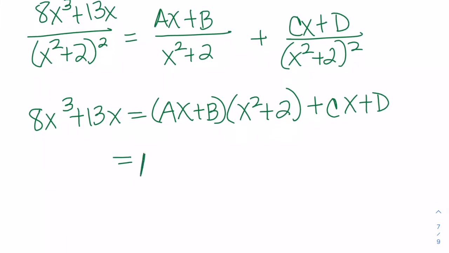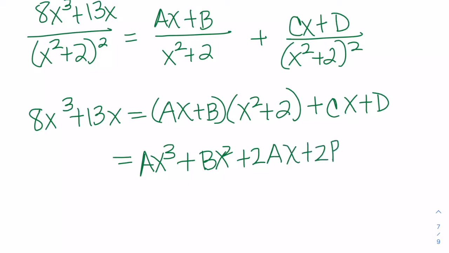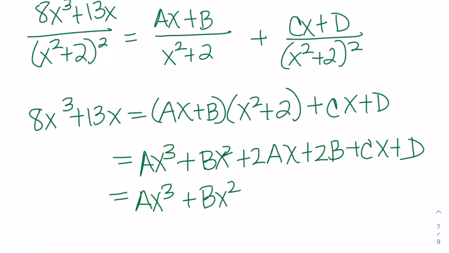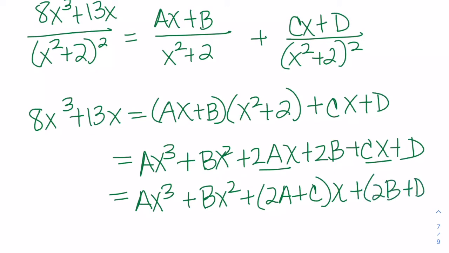We get ax cubed plus bx squared plus 2ax plus 2b plus cx plus d. Now I'm going to make sure I put these in order, but we only have one ax cubed and one bx squared. So we have these two x's, so that's going to be plus 2a plus c times x, and then our constant will be 2b plus d.